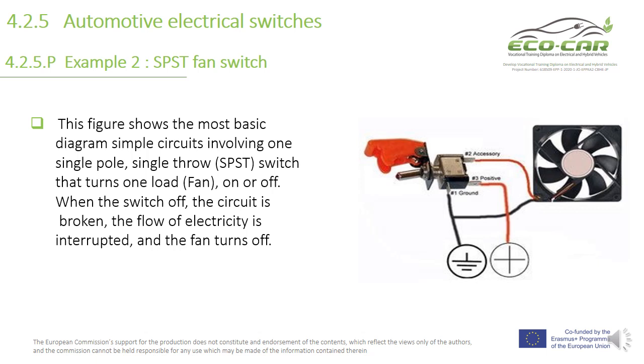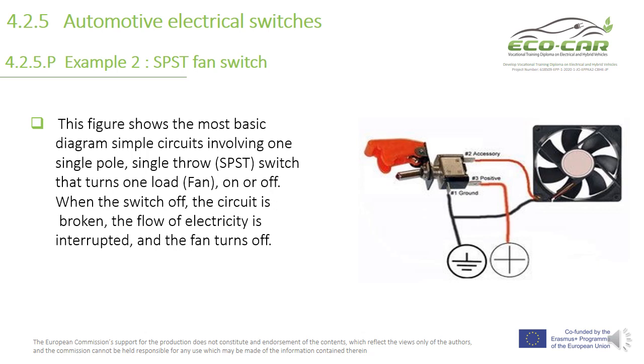So we have here a single pole, single throw switch. We have here a fan, 12-volt fan. This is the positive side of the battery. This is the negative side or the ground.